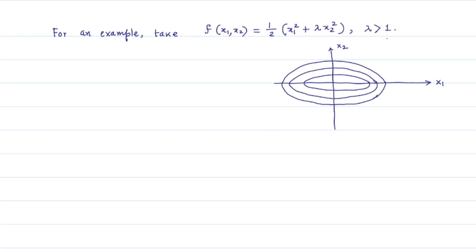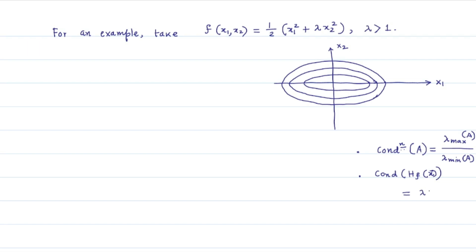And as lambda is greater than 1, the Hessian matrix is a symmetric positive definite matrix, and hence the condition number of the Hessian is given by the formula for the condition number of a positive definite symmetric matrix capital A, which is the ratio of the maximum eigenvalue of A and the minimum eigenvalue of A. Here, for this function f, the Hessian has condition number at any point x equal to lambda.